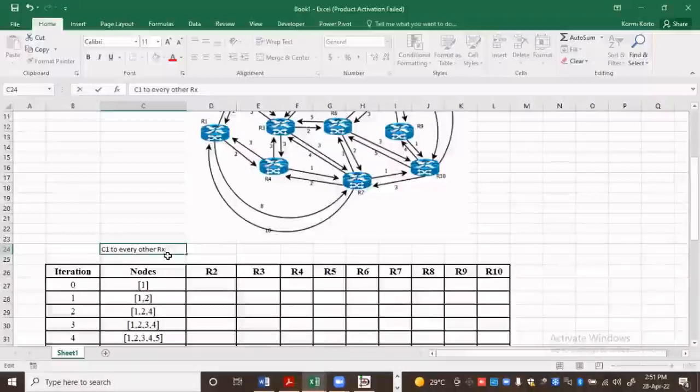Now, obviously, you're going to eliminate R1 because you can't point to yourself. You can't find the cost associated with yourself. It doesn't really make sense.